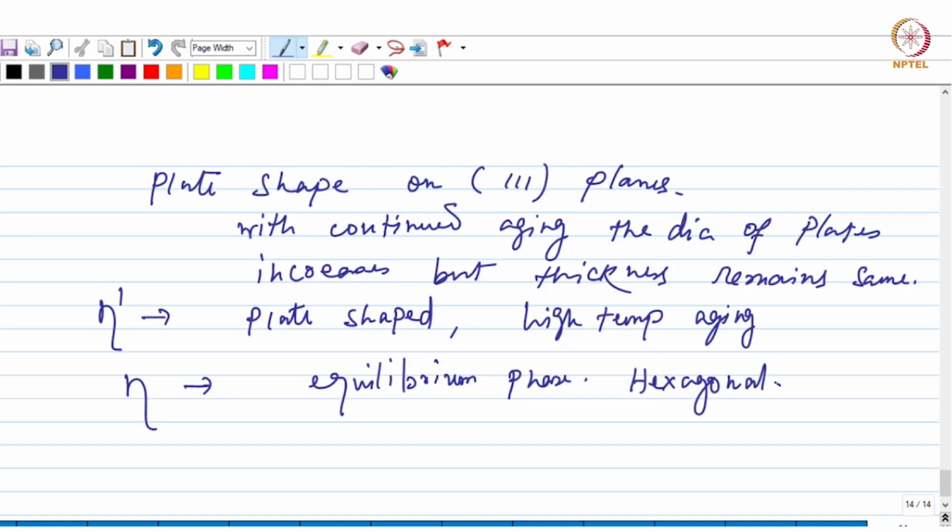So here again, the precipitation behavior would depend on the composition, particularly the amount of copper. This series has high strength when copper is more than 1%.